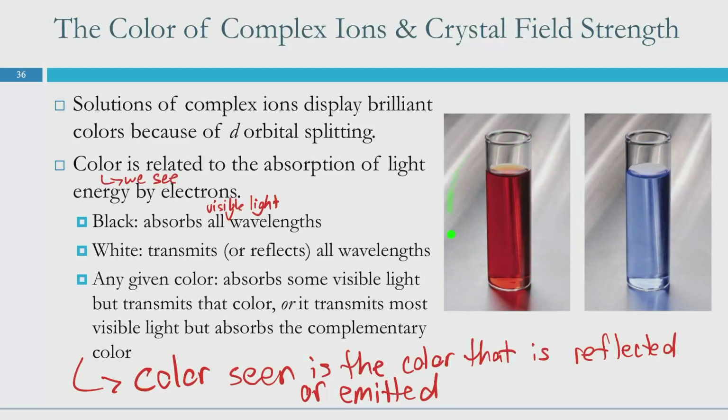So if you see a red color, red is the color that is coming out of it. It's not the color that's being absorbed. If you see a blue color, the blue color is what's coming out and getting to your eyes. It's not absorbing blue. Emit here also means transmit or reflected or whatever.